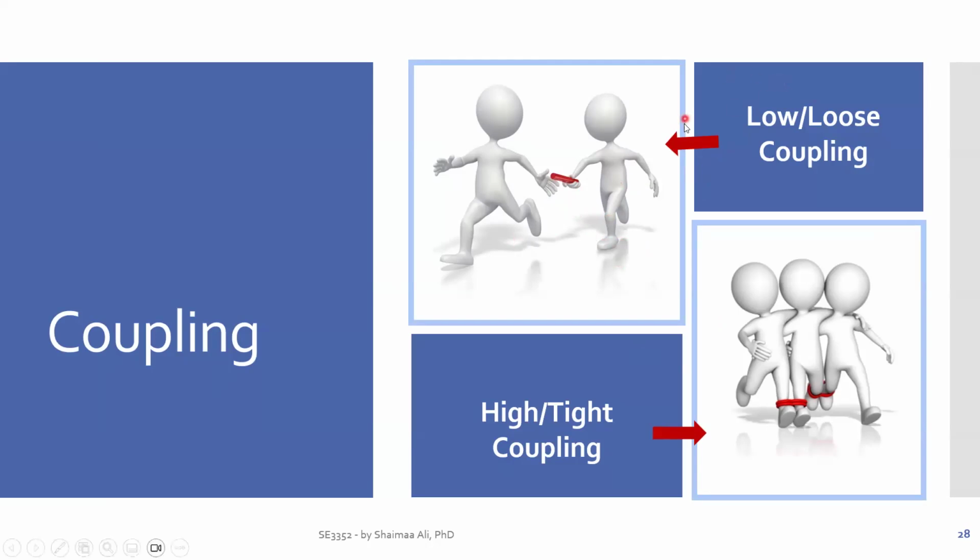In low coupling, when you change one component, you don't need to change a lot in other components. In high coupling, when you change one component, you need to change others in order to reflect that change. So tight coupling is more risky because any change in one component will cascade into multiple changes, and every change will introduce a risk.